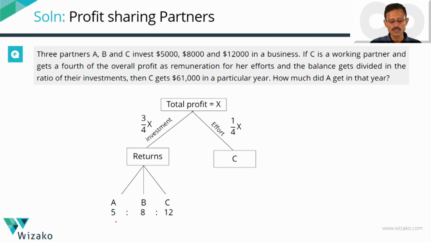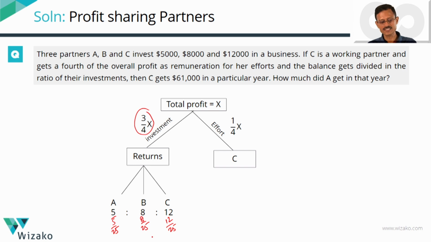A will take home 5/25 of the shareable component. B will take home 8/25 of the shareable component. C's share from the investment is going to be 12/25 of the shareable component. So the share of the total is actually being put to use in this question effectively.